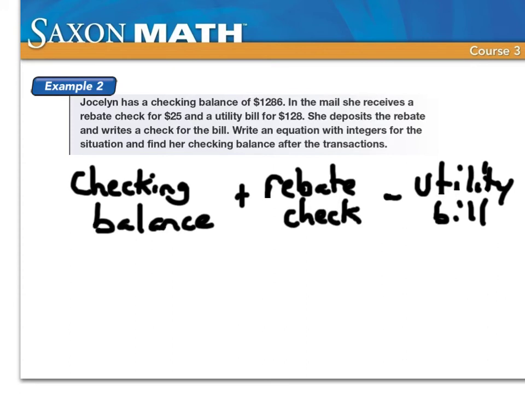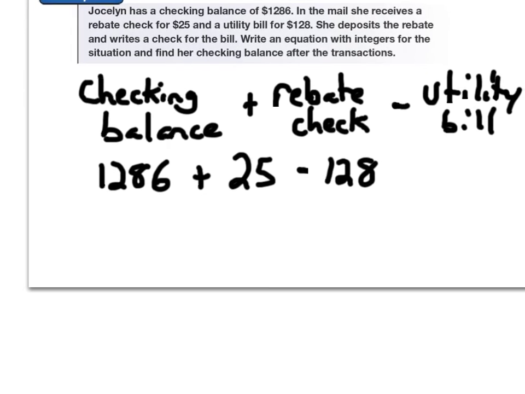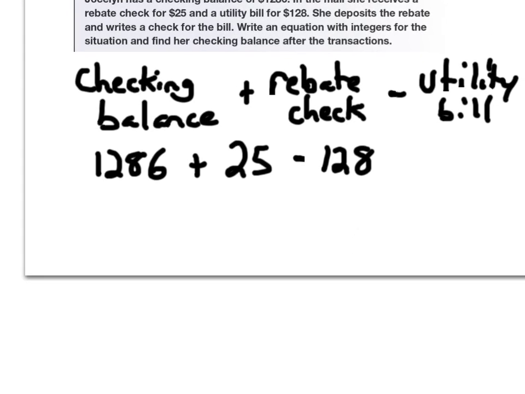Okay? And it says write an equation with integers for the situation. So her checking balance was $1,286 plus her rebate check. She's going to deposit that was $25. And then we're going to subtract her utility bill, which was $128. Okay, so again, first thing we want to do whenever we see subtraction now is change it to addition.